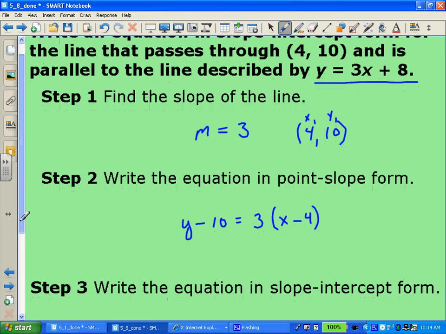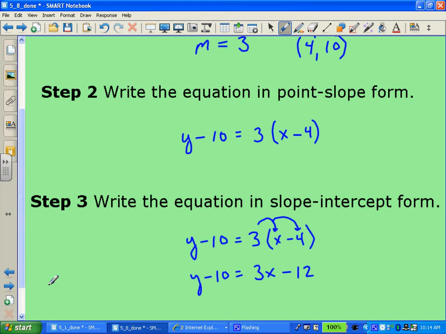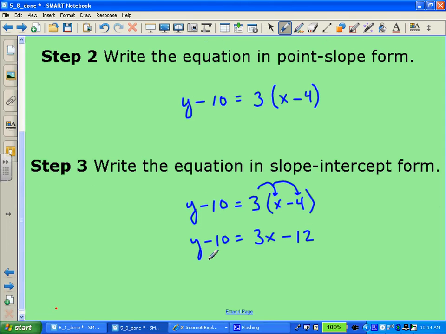Then, notice it wants it in slope-intercept form, so I have to convert my equation. If you'll remember, we did that by distributing first. So I have y minus 10 equals 3x minus 12. And then to get y by itself, I have to add 10.